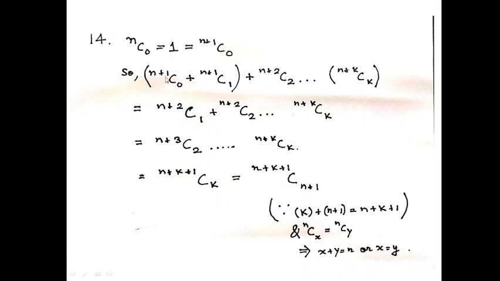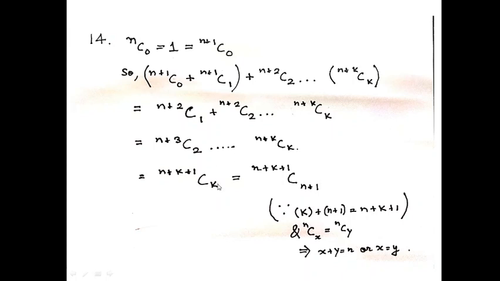So this expression becomes n+2 C1. Now n+2 C1 plus n+2 C2 will give you n+3 C2. Similarly, moving on, this n+k Ck will become n+k+1 Ck as shown here.